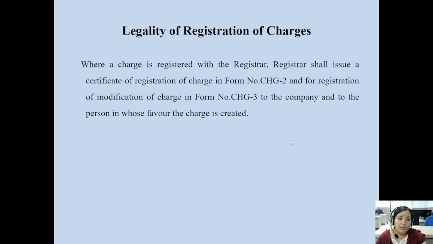So when a charge is registered, the registrar shall issue a certificate of registration of charges in form number CHG2 and CHG3. These are the form numbers you should know as a student of corporate law: form number CHG2 and form number CHG3, required for the purposes of registration of charges and modification of charges, to the company and to the person in whose favor the charge is created.